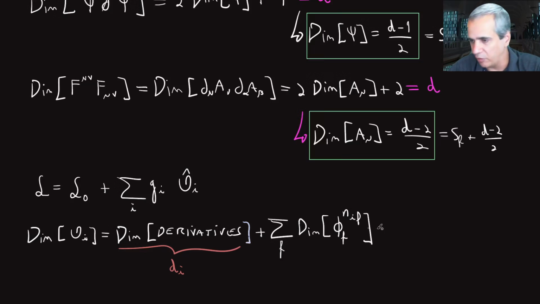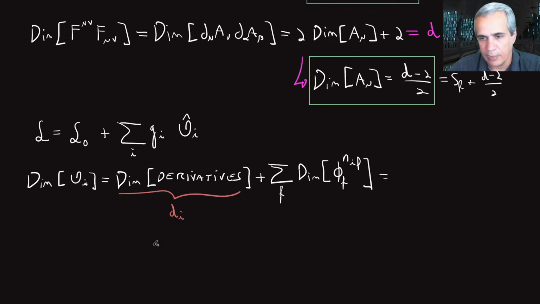So now I just have to rewrite this: this is just di plus, as a multiplicative factor, the sum over F of NIF times the dimension of field of type F.